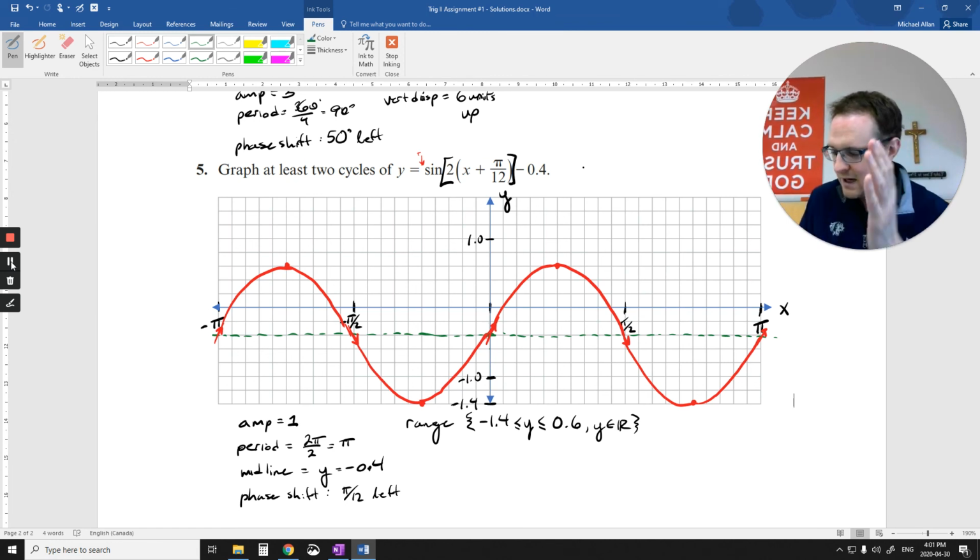Now, I need to move this over 15 degrees, but every tick is 9 degrees. So based on my math here, I'm going to go 15 divided by 9. I had to move this over 1.6 or 1.7 boxes to the left. So I'm just going to pick all my key points and move them over 1.6 repeating boxes.